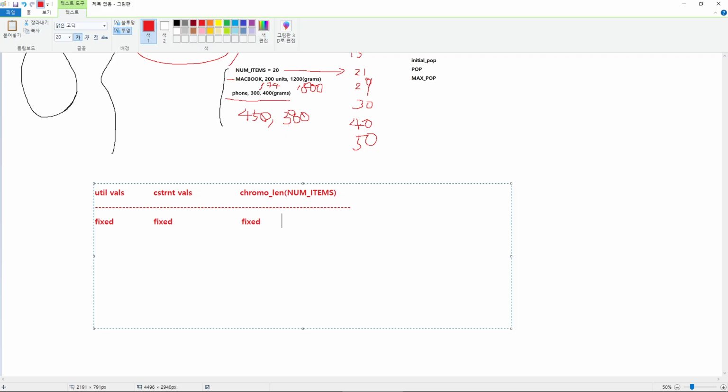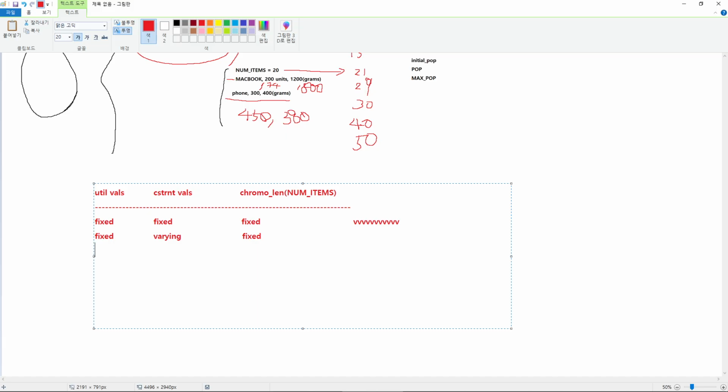Now this is something that we've been doing so far, so pass. On to the next one. Next, the utility values can still be fixed, and the constraint values could be varying, they could change, and the chromo length can still be fixed.